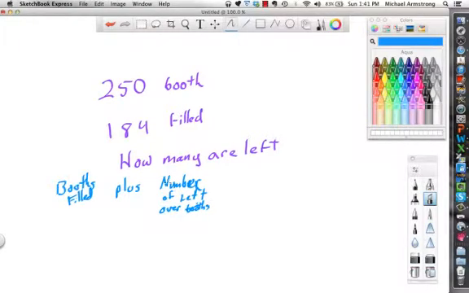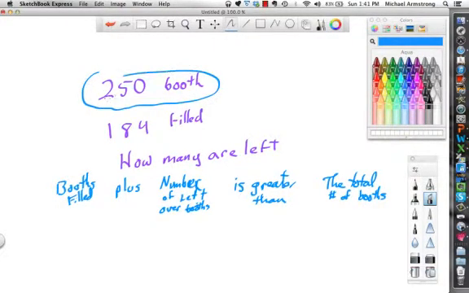Okay, and then we're going to talk about the total number is greater than the total. The total number of booths. Okay, so we have 250 booths available. That's this total. So I could actually just write that in. That's 250. Is greater than looks like this.